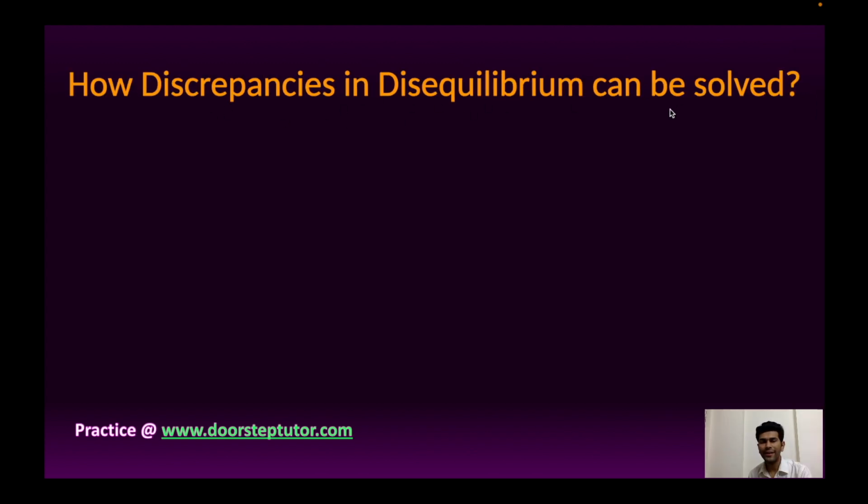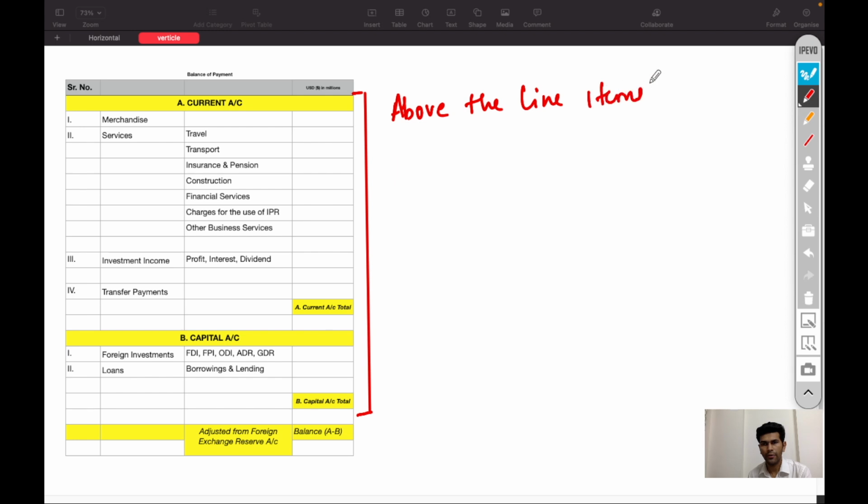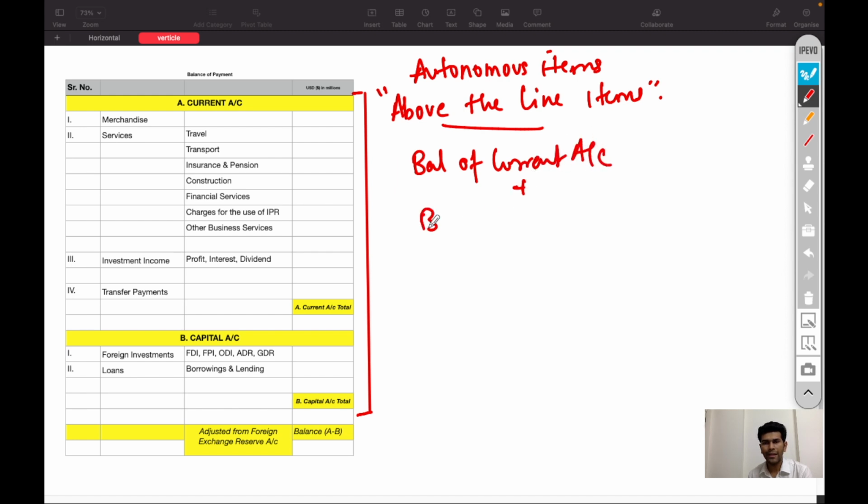How can discrepancy in disequilibrium be solved? This area is called above the line items or autonomous items, which includes the balance of current account and the balance of capital account, current account and capital account.